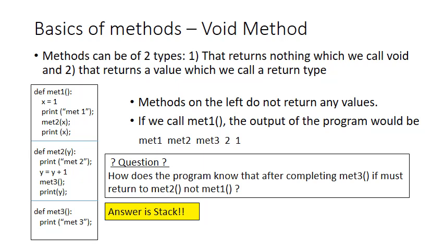If you look at the method on the left hand side, there are three methods: met1, 2, and 3, and met2 is called from method met1, met3 is called from met2. Nowhere any value is returned. We're just calling the method. Now the question is, how does a program know that after completing met3, it must return to met2, not met1? And the answer is stack.